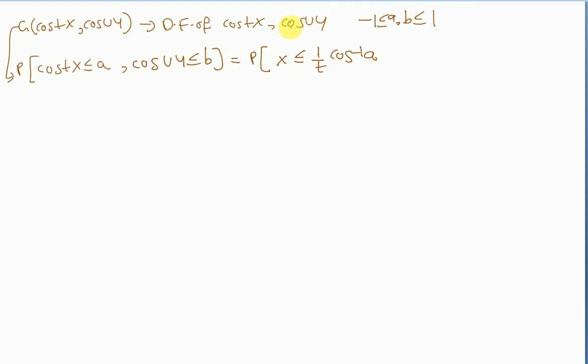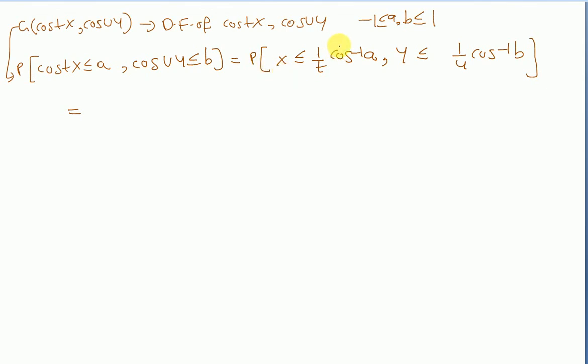That is why we are only taking the region -1 to 1. So finally we can apply an inverse function like that: x less than or equal to 1 upon t cos inverse a, and y less than or equal to 1 upon u cos inverse b. This inverse function is well defined because the range is given as -1 to 1, and over -1 to 1 the cos function always has a pre-image.